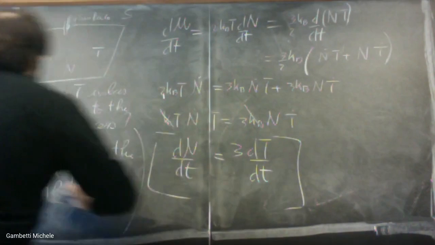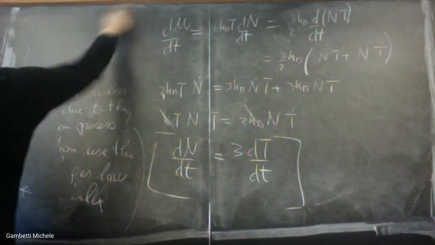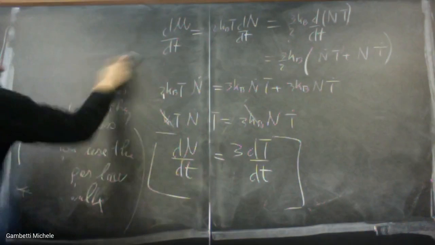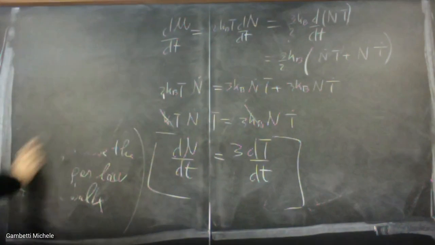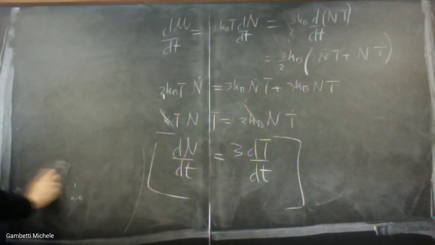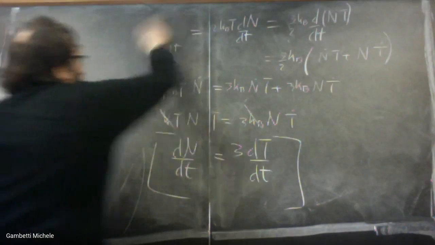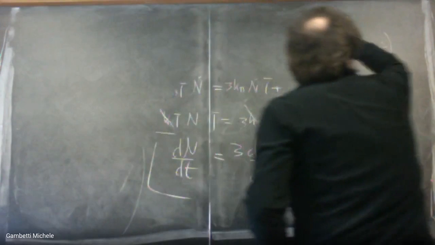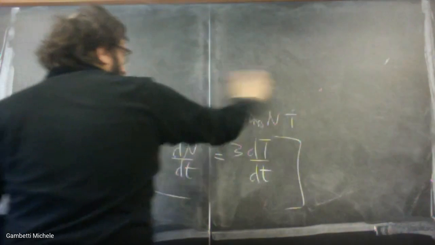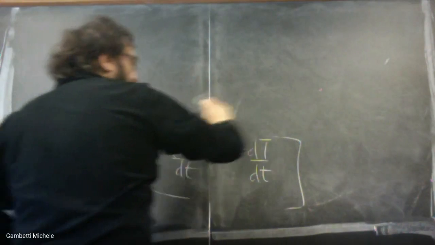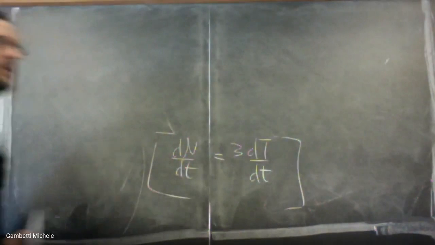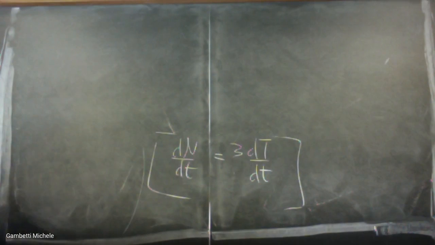Now let me use also another equation that provides the variation of the number of particles inside the box. And this I know how it works because I know that the flux of the streaming particles was 1 divided by 4 times n times the average velocity in the bulk.